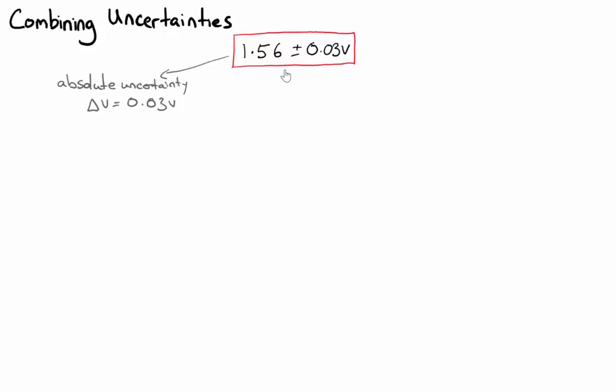We also use something called the relative or fractional uncertainty, and that's just the uncertainty divided by the true value.